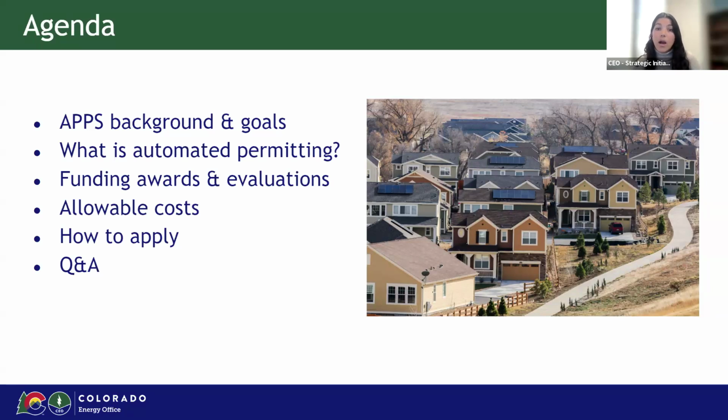We'll also cover what costs are considered allowable under this program and the reimbursement process. And then we'll go through the steps to apply for the grant and finally go over Q&A. And if you do have questions about the program throughout the webinar, feel free to drop them in the chat and we'll work to address those during the Q&A or include them in the FAQs later on.